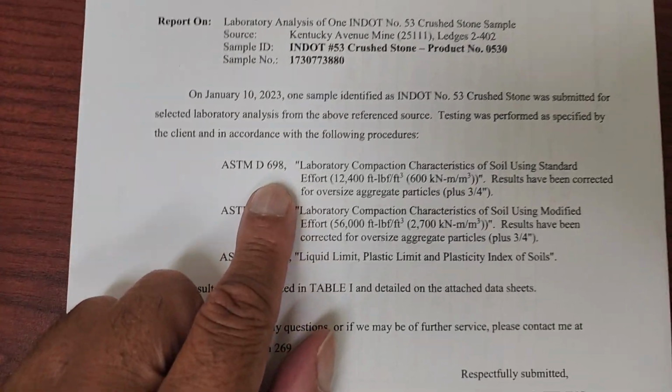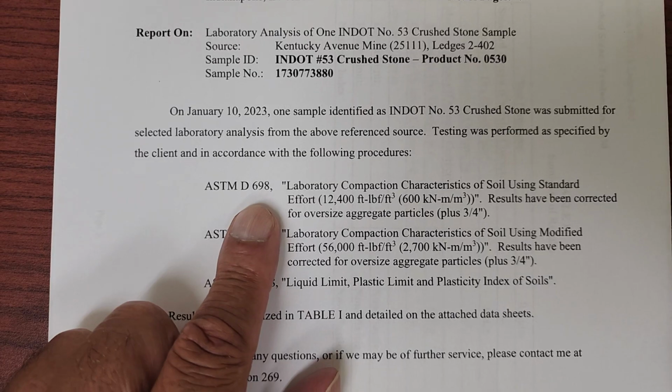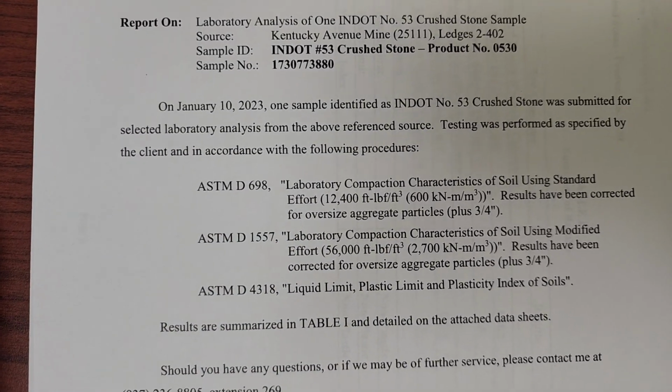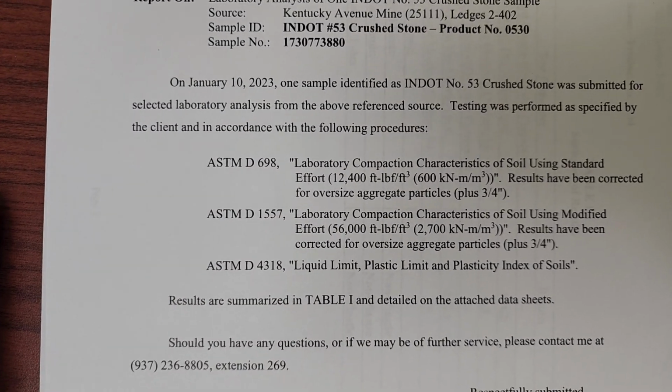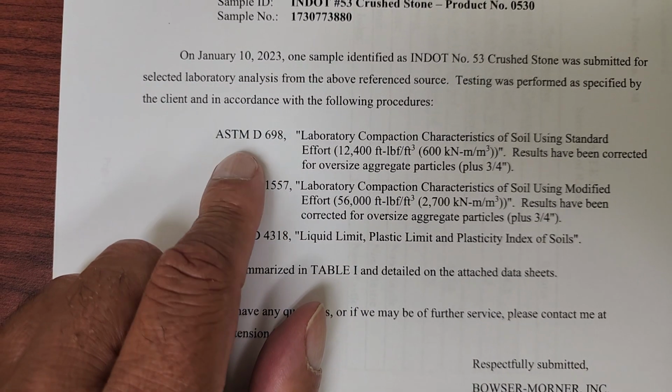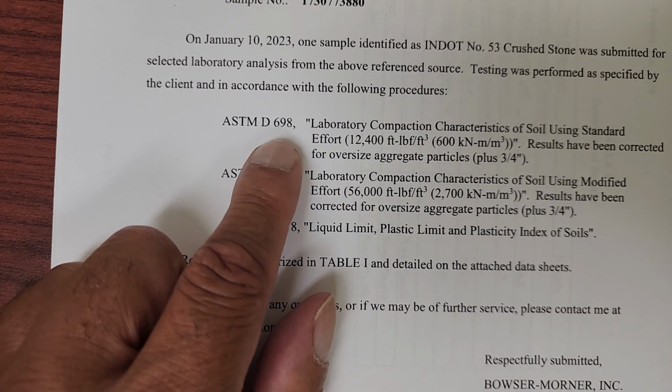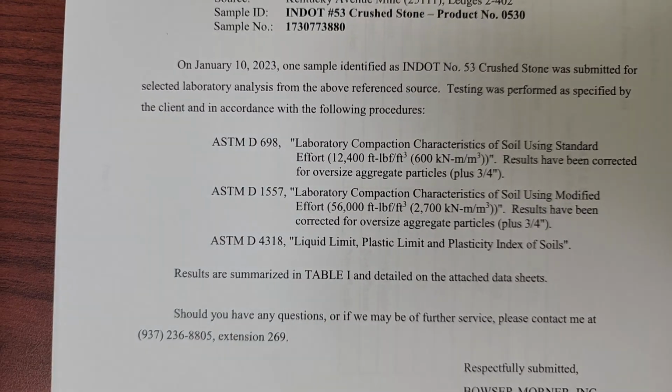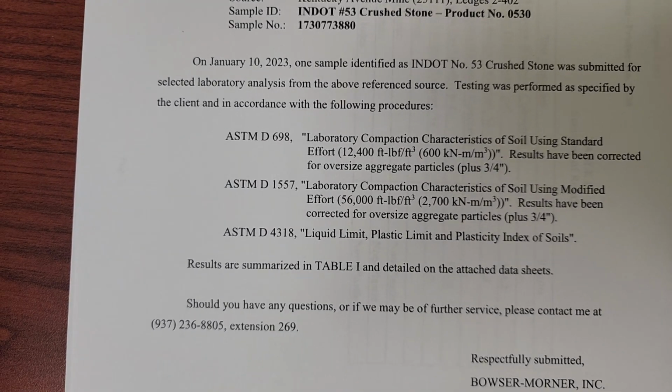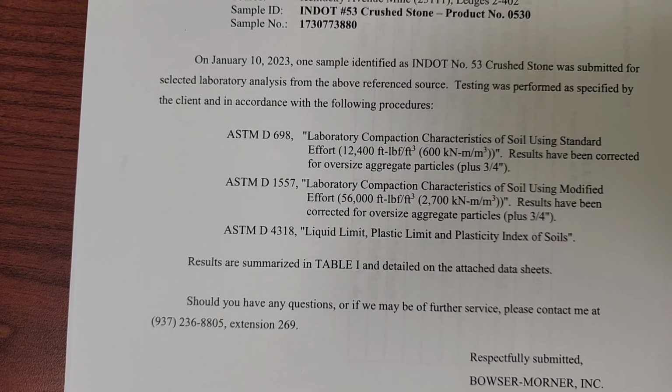Now, because I'm familiar with the AASHTO testing method, let me tell you what ASTM D698 is, and I'm going to correlate it with the AASHTO. They call it the T99.